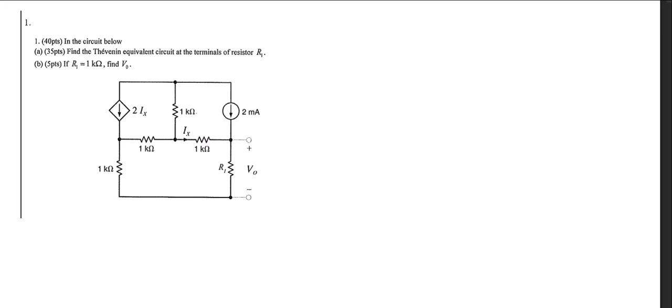So for almost all of them, you are going to find what's called V open circuit. V open circuit is also equivalent to V Thevenin. So you look at the place where you're told to find the Thevenin equivalent, you make it an open circuit, and you find out what is the voltage across that open circuit.